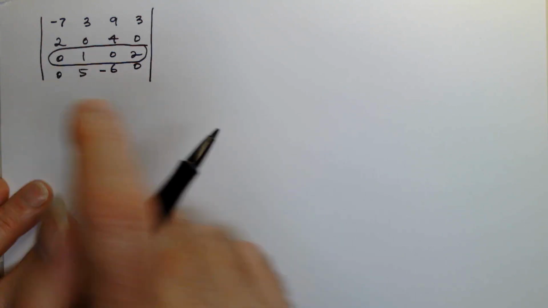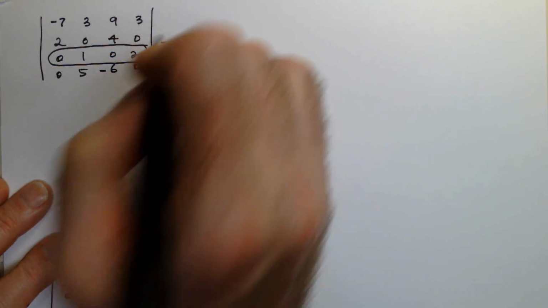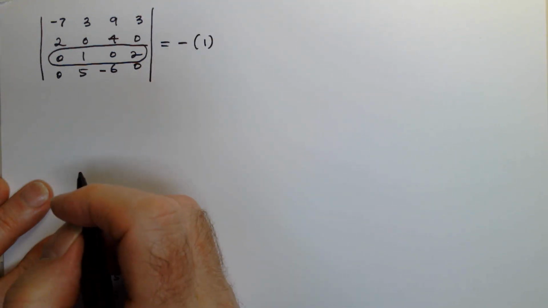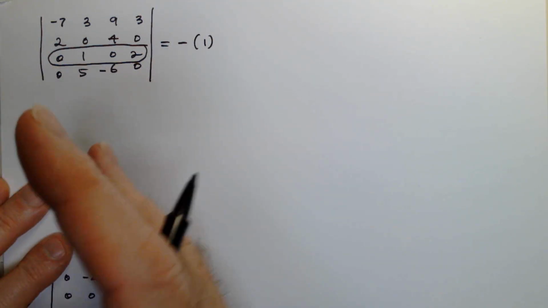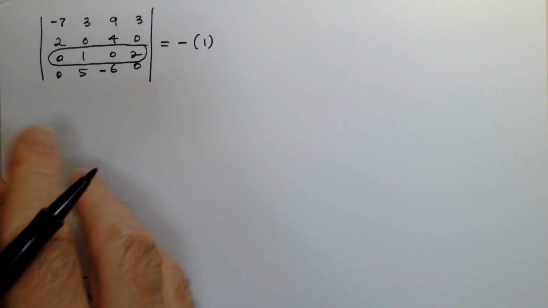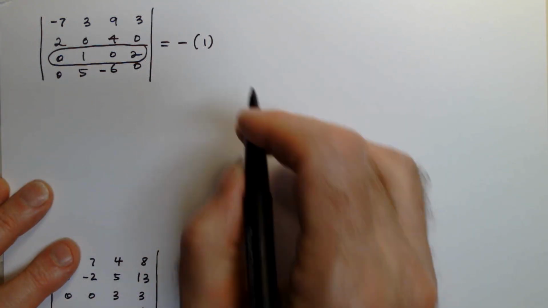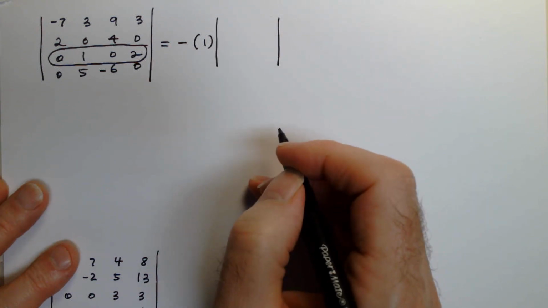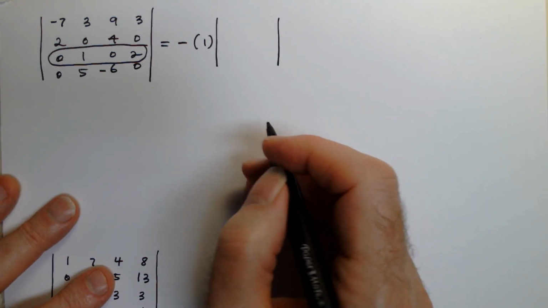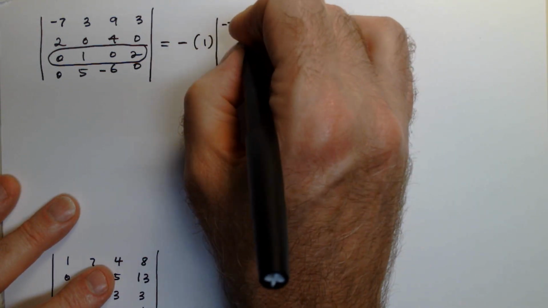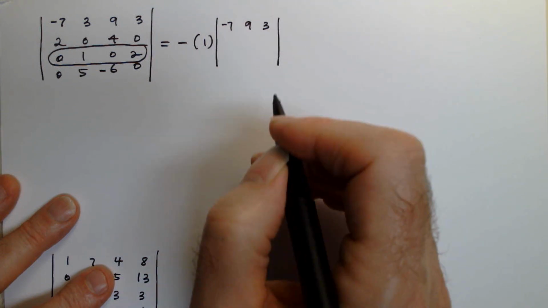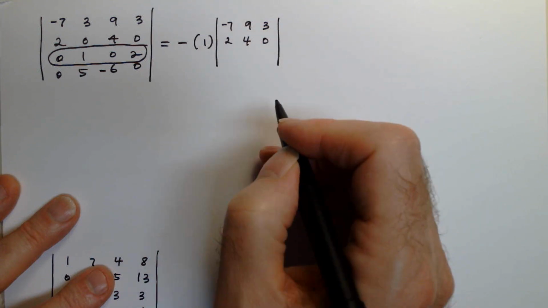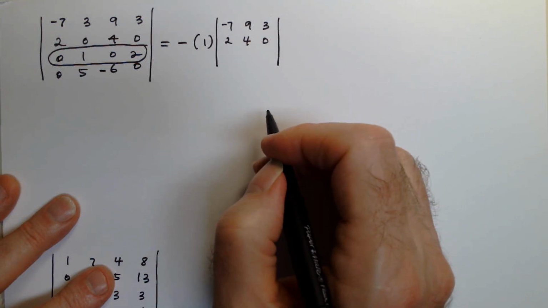That's a negative position, so we're going to have a negative sign times the value 1 that sits in that position, now multiplied by the determinant of the minor associated with 1. So that's going to be the 3 by 3 matrix that has entries -7, 9, and 3, 2, 4, and 0, and 0, -6, and 0.